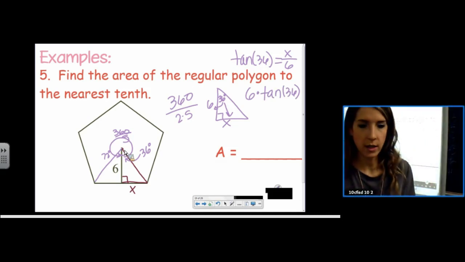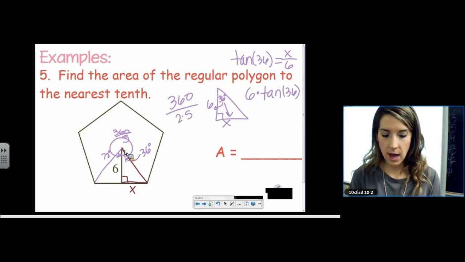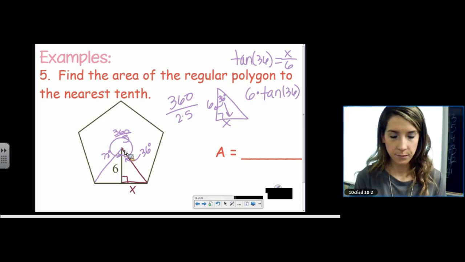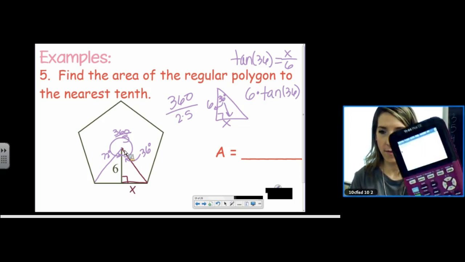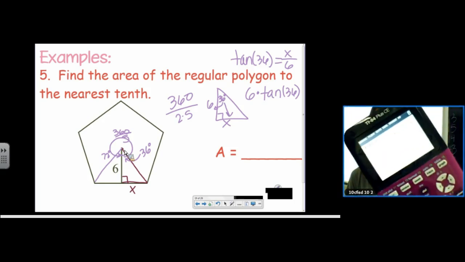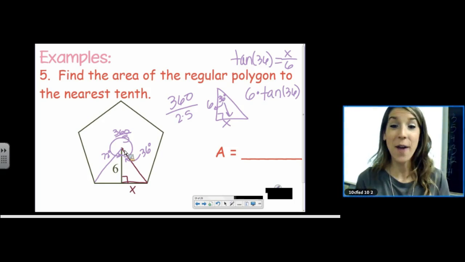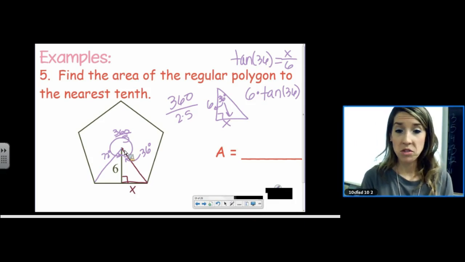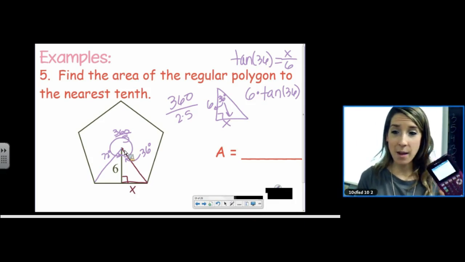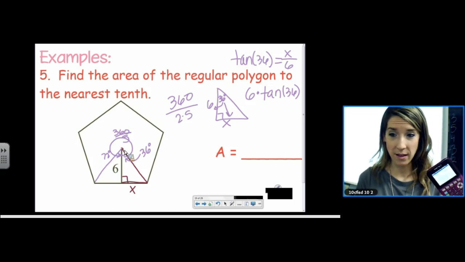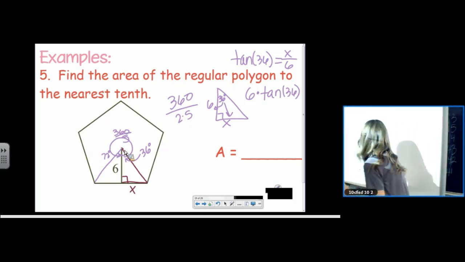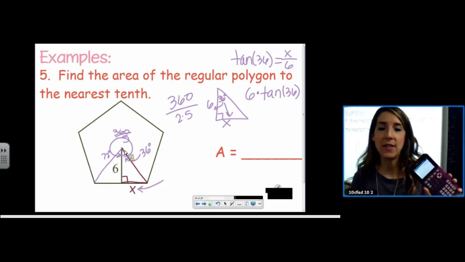So I'm going to my calculator. 6 times tan 36. And I get 4.359255. I know you can't see that because my screen is backlit. Okay, don't write that number down. Don't do it. I'm going to keep that number in my calculator if you can follow me, okay? That is half a side.